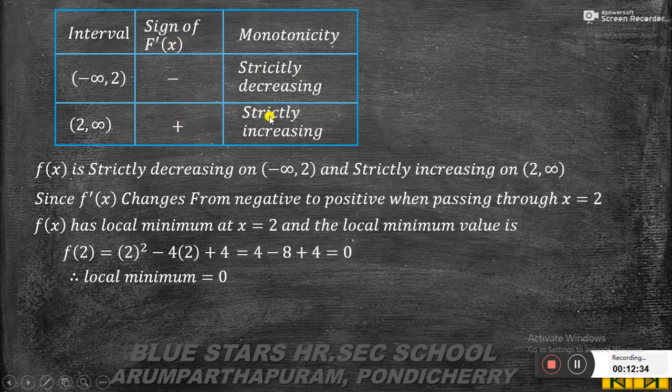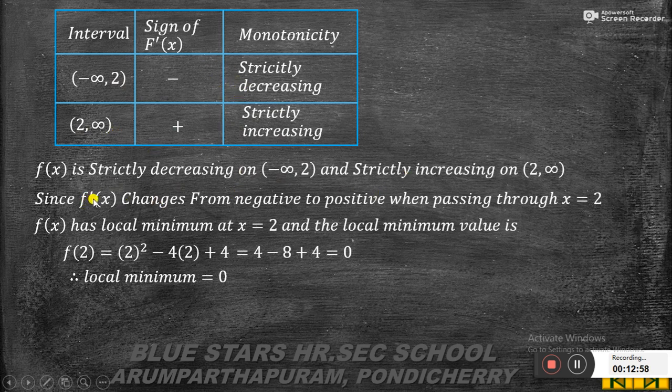Therefore I represent strictly increasing. Therefore, from the above table, f of x is strictly decreasing on minus infinity comma 2 and strictly increasing on 2 comma infinity.